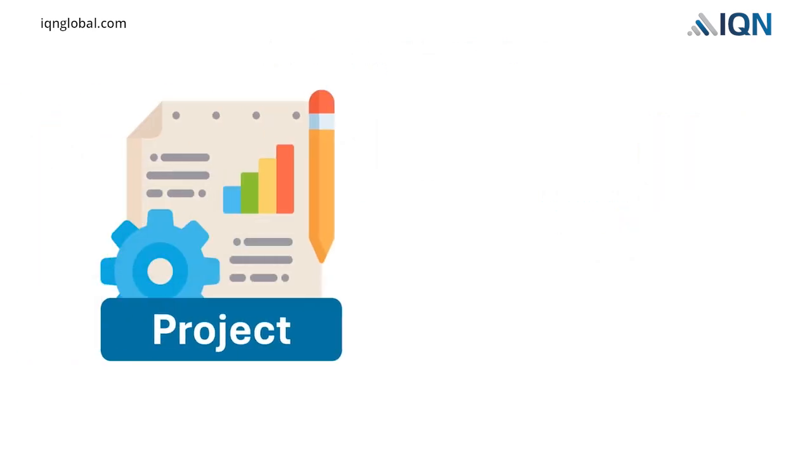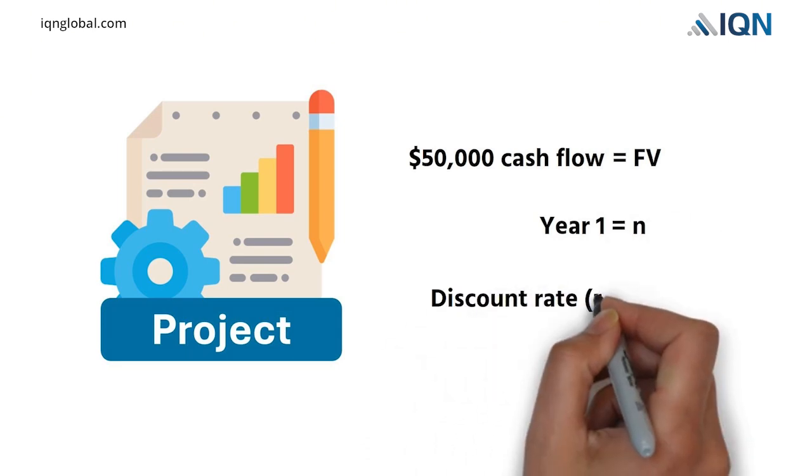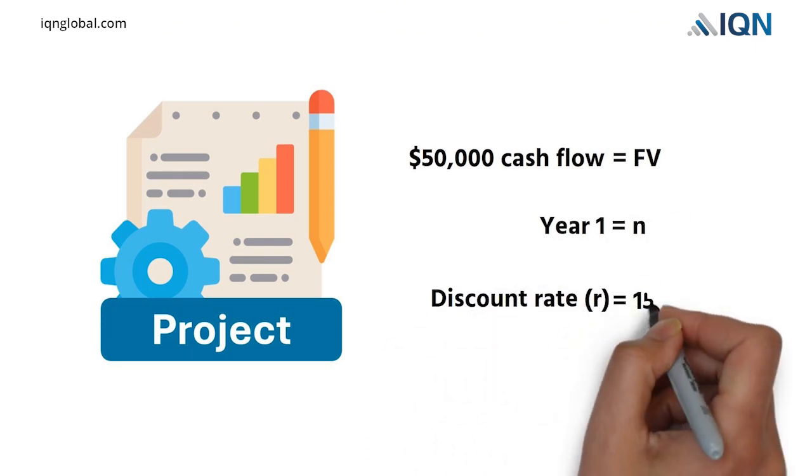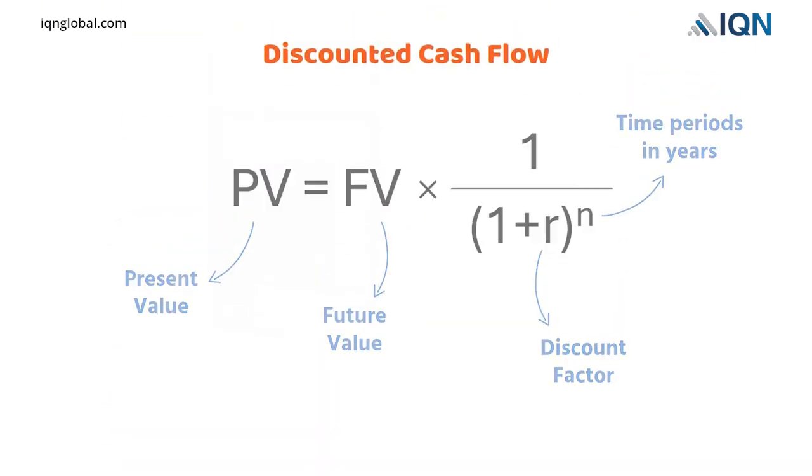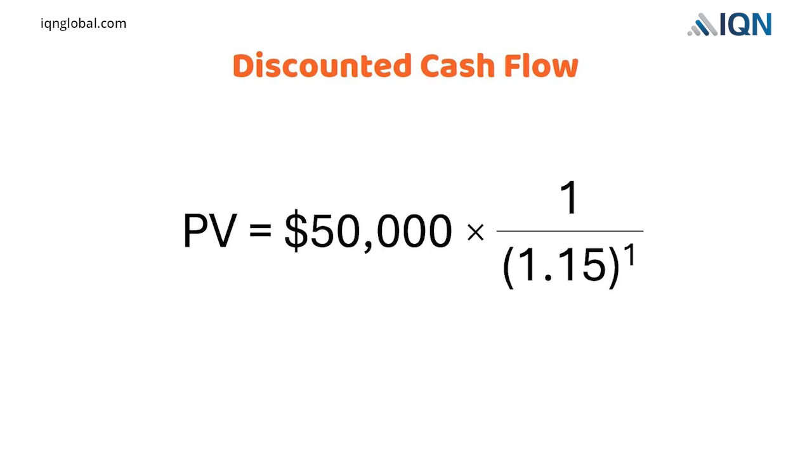Let us say a project will have a $50,000 cash flow, that is FV, at the end of year 1, which is n. The required rate of return or discount rate, R, for the project is 15%. To calculate the present value, or PV, we take $50,000 and multiply it by 1 divided by 1.15 to the power of 1.